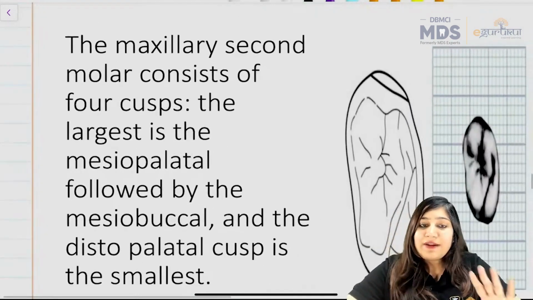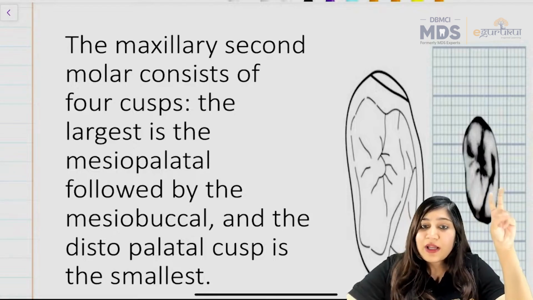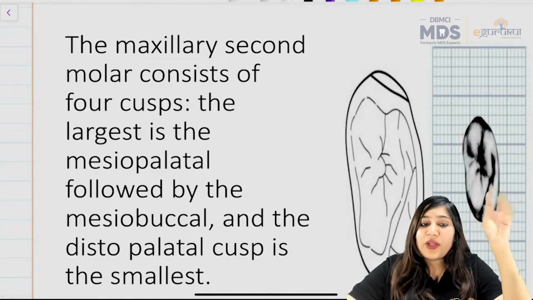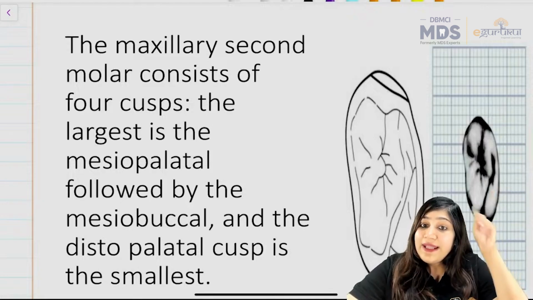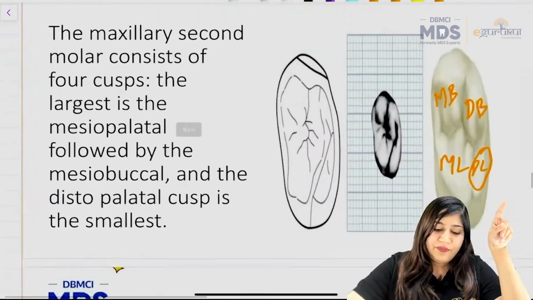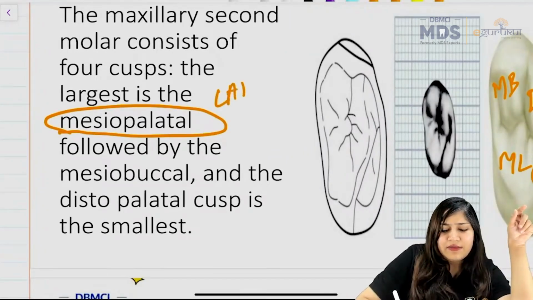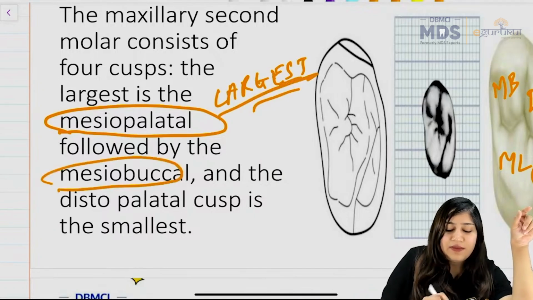So basically there are 4 cusps present in maxillary second molar: mesiobuccal, distobuccal, mesiolingual, distolingual. Mesiolingual is the largest. Mesiopalatal or mesiolingual is the largest. Then we have mesiobuccal.